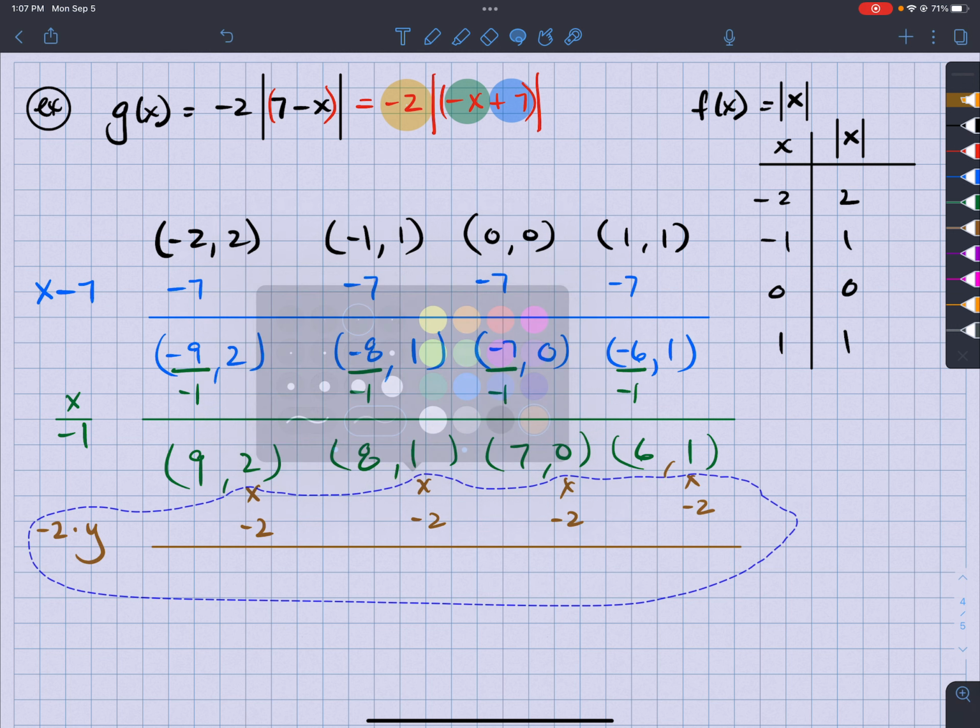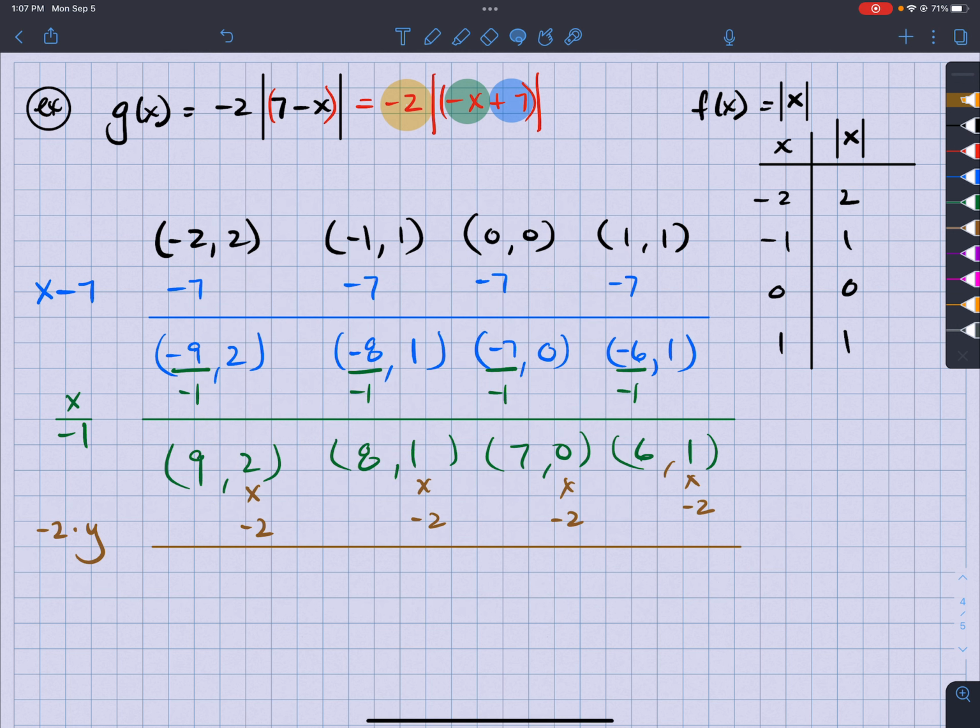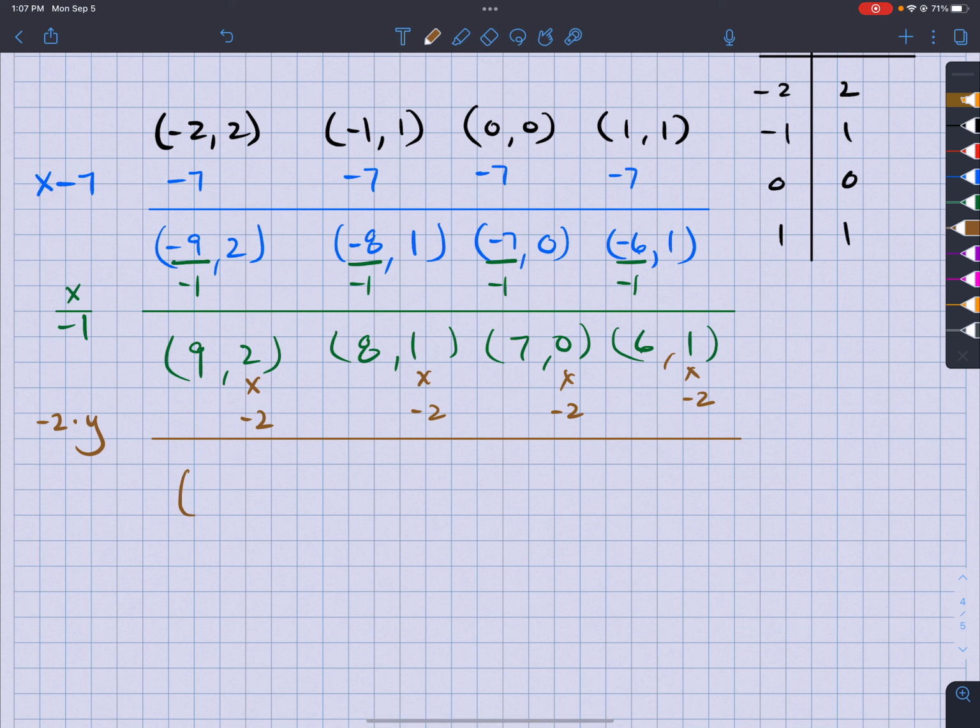So let's just call it brown for now. My final point here: notice how the x values didn't change at all. The x value stays at 9, 8, 7, and 6, while the y value now became -4, -2, 0, and -2.